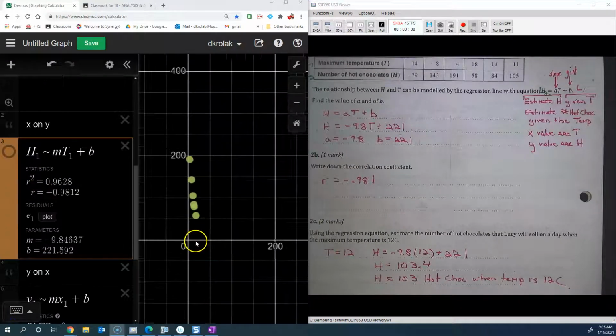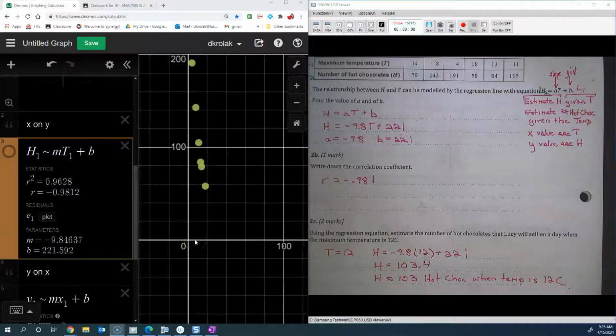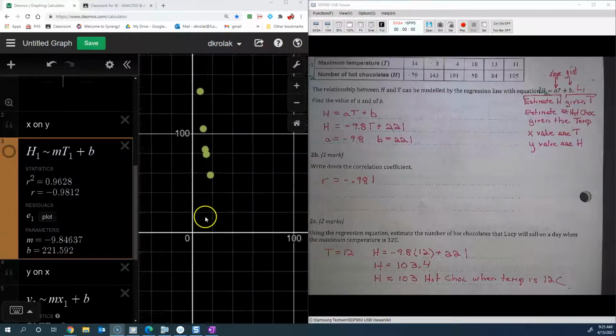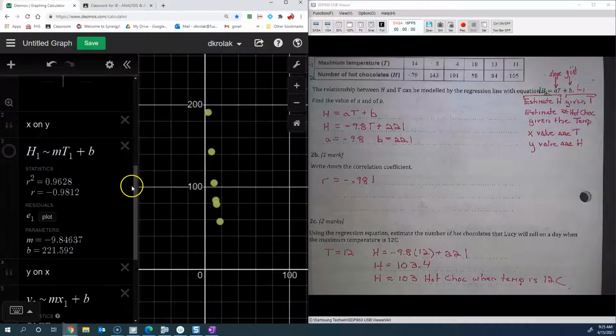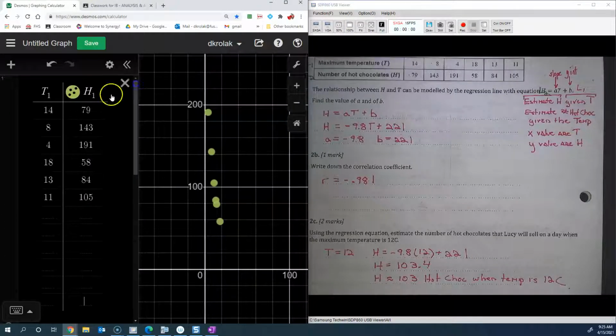There's our points. Okay, and then what I did was when I entered it, I made these columns T and H so I knew exactly what they were.